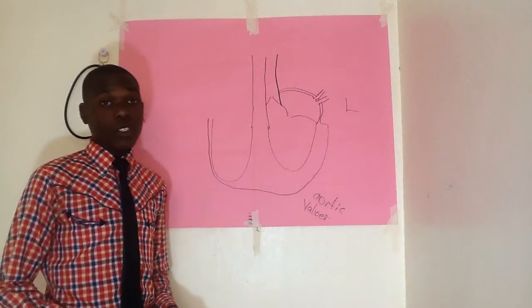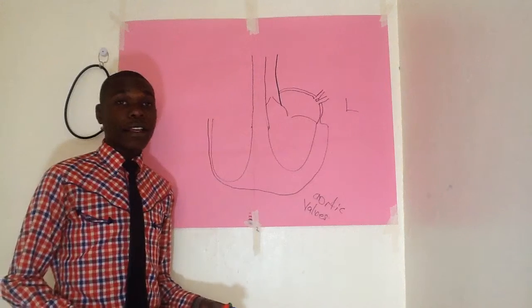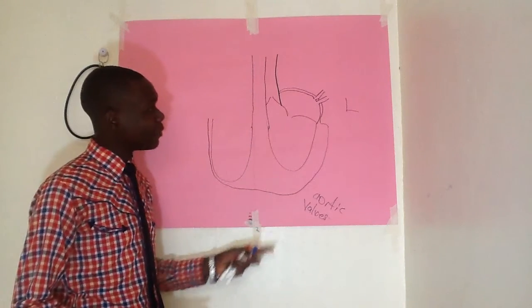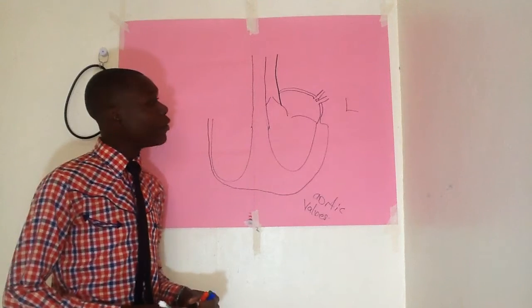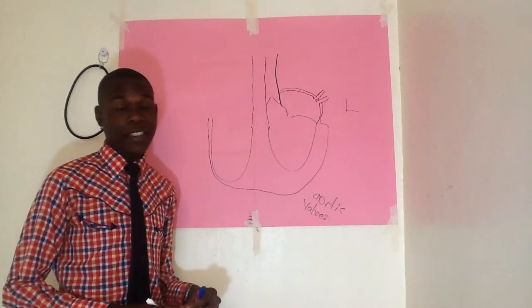One thing you need to note is the logic behind giving these names to these blood vessels. What do we depend on to say that one is a vein or the other is an artery?